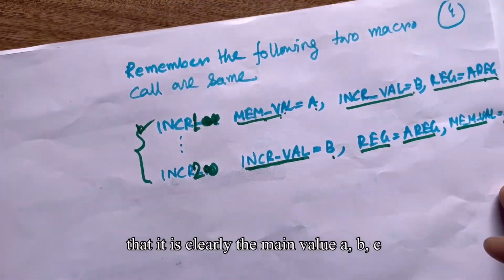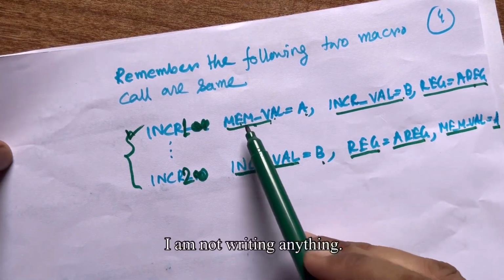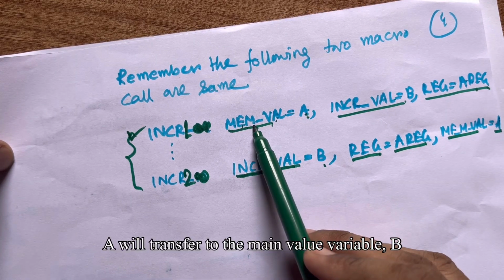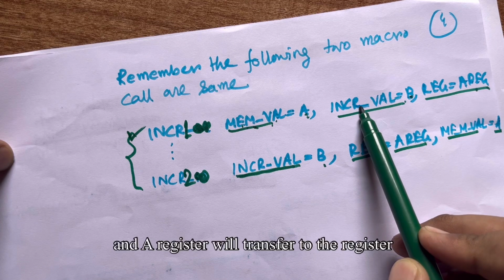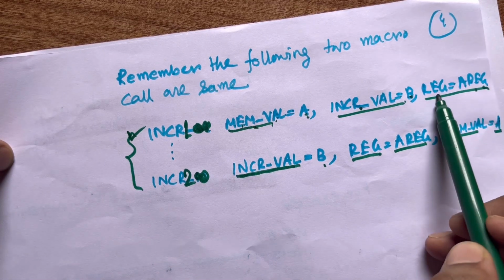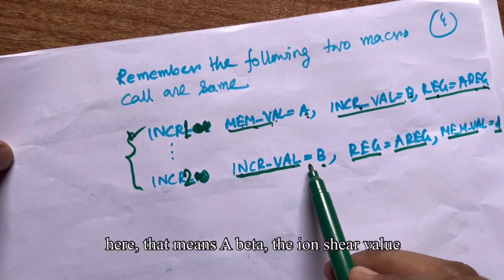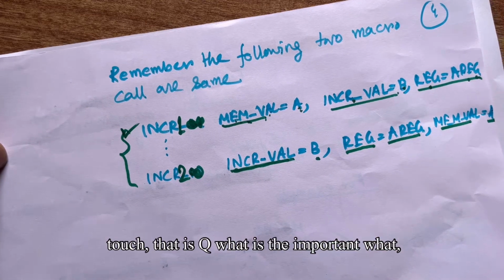Try to understand clearly that wherever I write memval, A will transfer to the memval variable, B will transfer to the here value variable, and A register will transfer to the register variable. Similarly, here value was written first, but that does not matter, because the keyword is the important word.